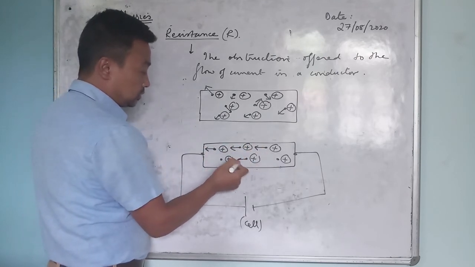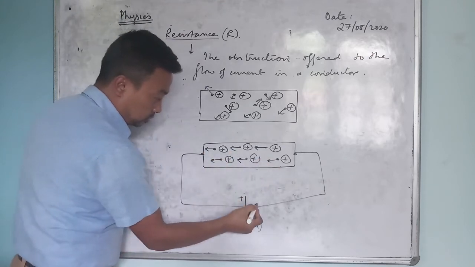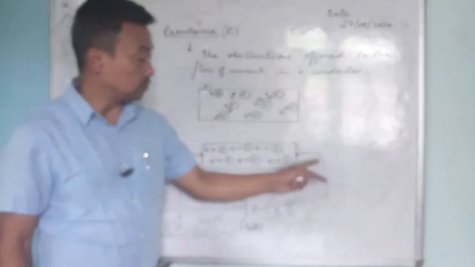They will always be directed towards the positive terminal. This is the positive terminal, this is negative. So it will start flowing in one particular direction.